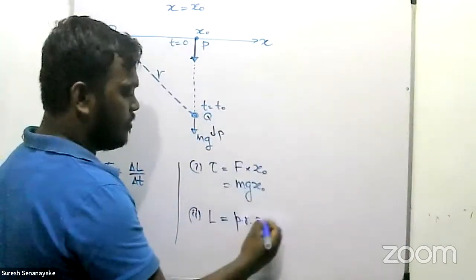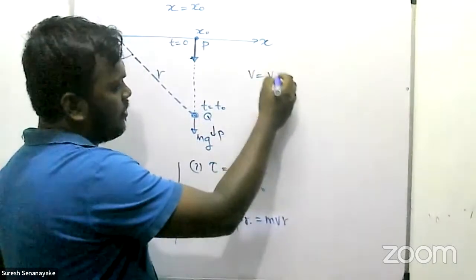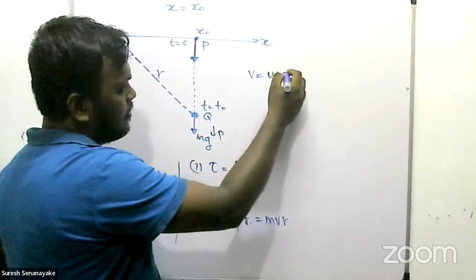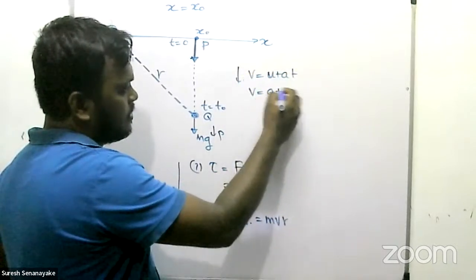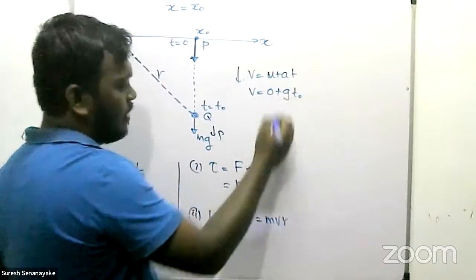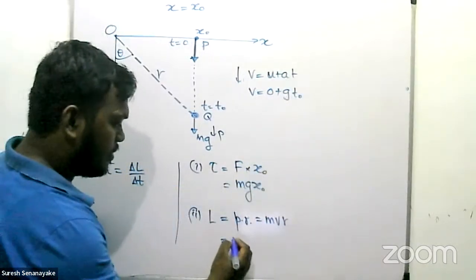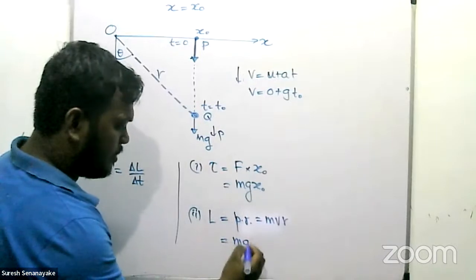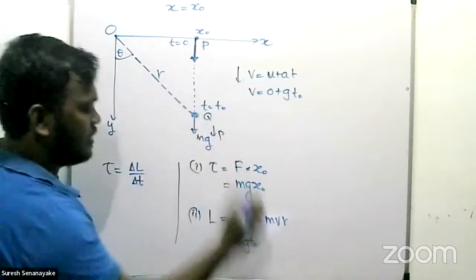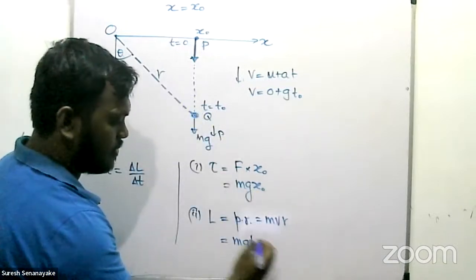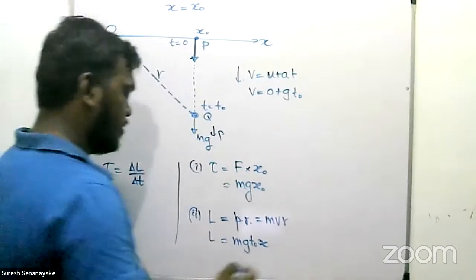You can write this as mvr, and v you can write using v equals u plus at, downward. So v equals 0 plus g t naught, after time t naught as they ask you. So that's what you substitute: m g t naught. R is the distance from here to here, that is x naught. This is the angular momentum after time t naught.